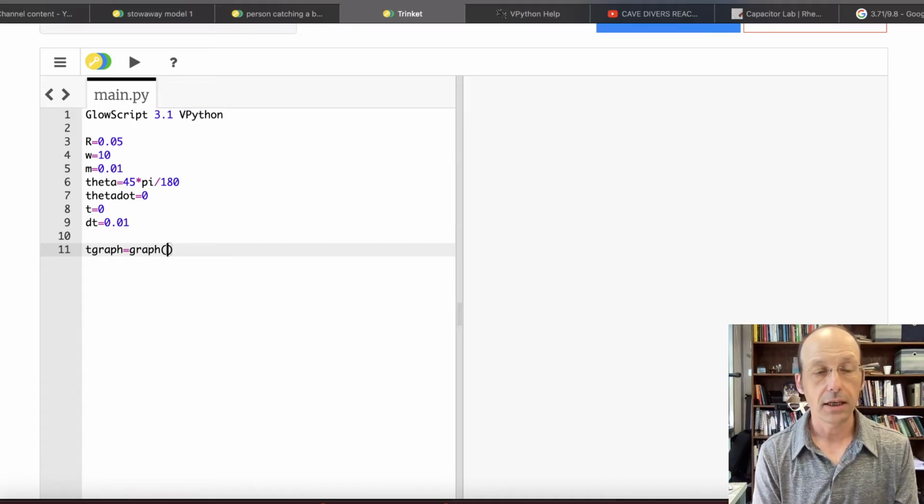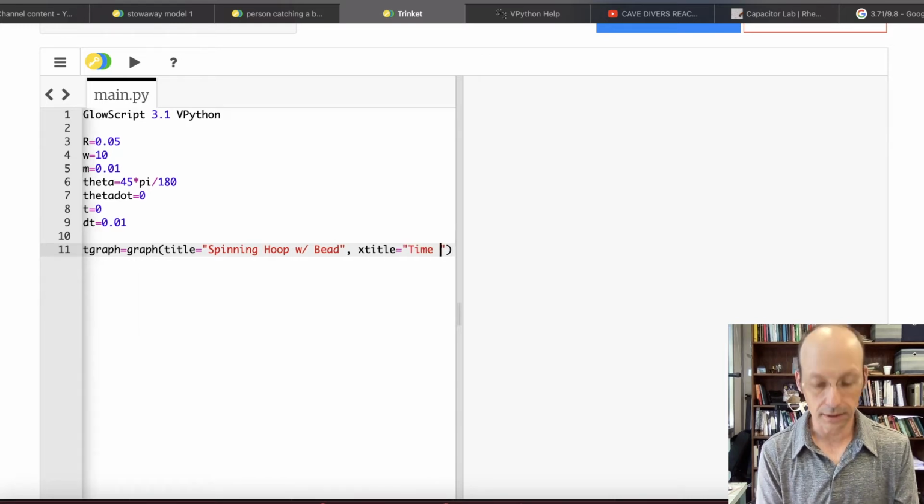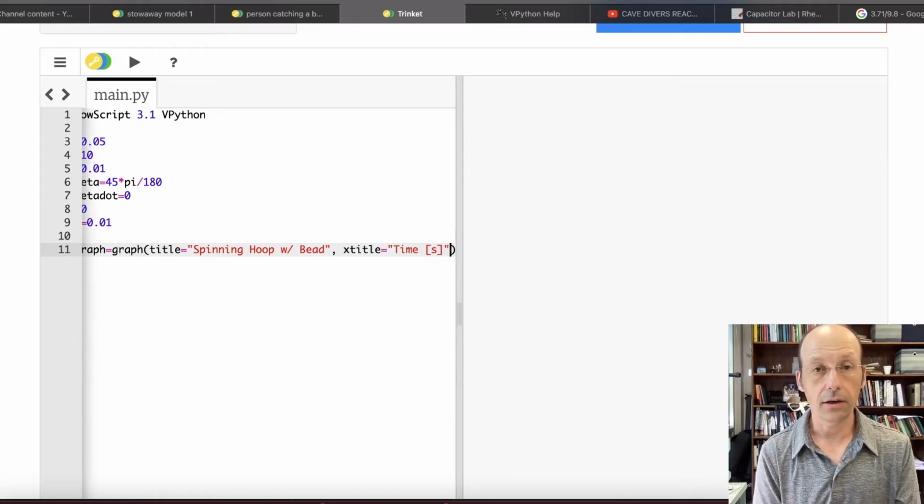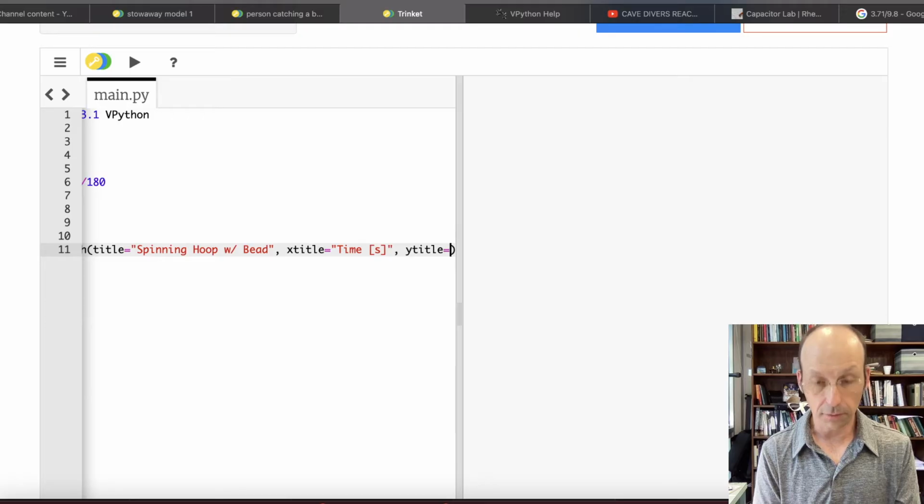So let's just give it a title: hoop, spinning hoop with bead. And I'll give it an x title, time in seconds. And then I'll give it a y title, and that's going to be equal to theta.